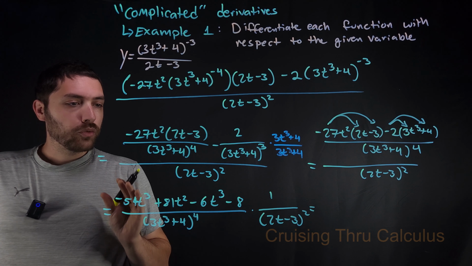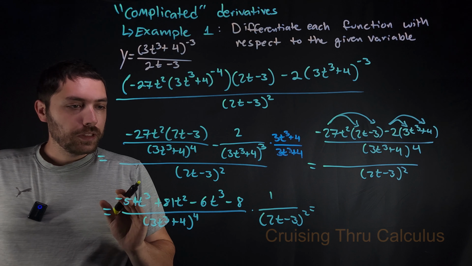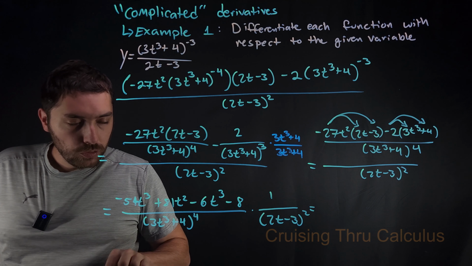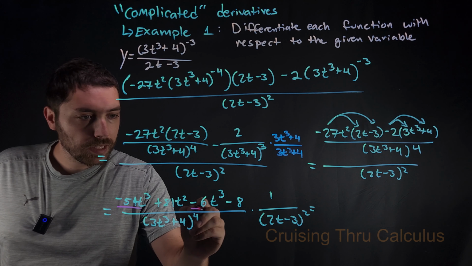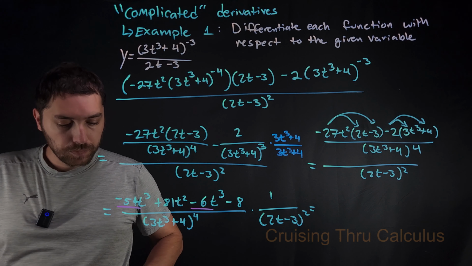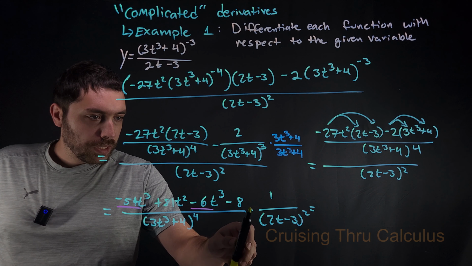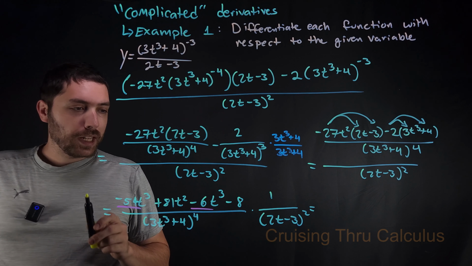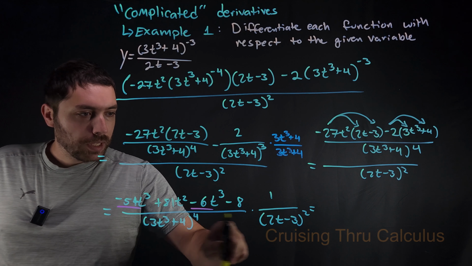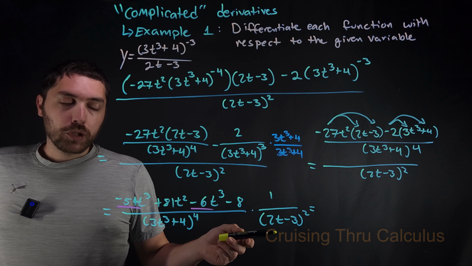All right, we're extremely close to being done here. Let's take a look. I notice that there are two pieces in the numerator that are like terms that we can combine, the ones with the t cubes. Since we're multiplying here, the top is just 1, so I can ignore that, since 1 times anything is anything. In the bottom here, we're multiplying, so we can just push them together.